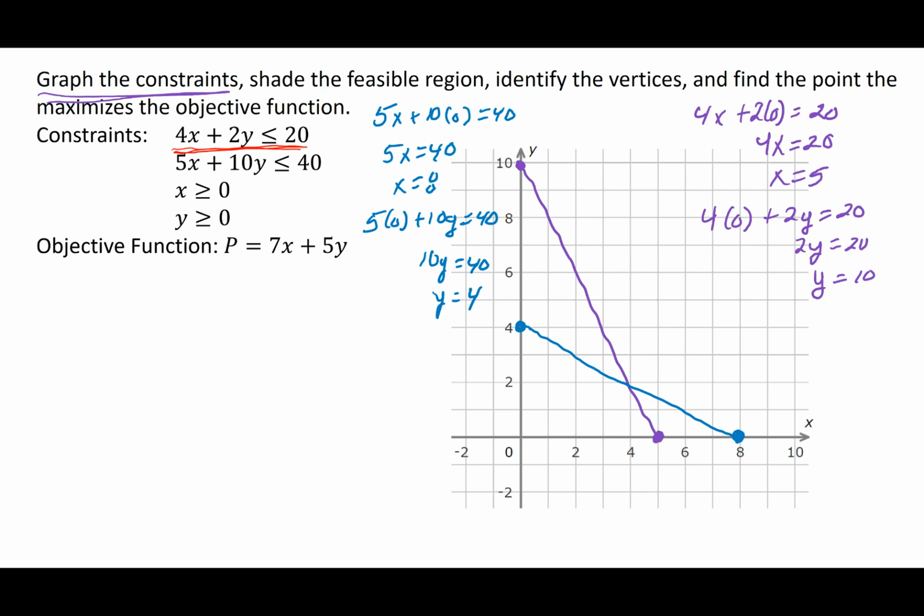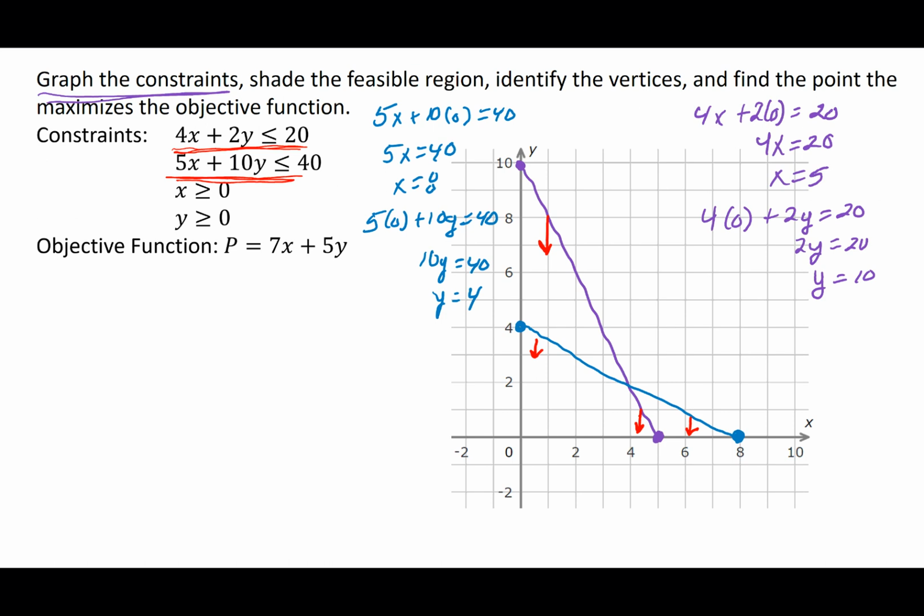So I'm going to shade below this line. Same thing with the second one, 5x plus 10y is less than or equal to 40. Y is less than. So I'm going to shade below this line and below this line. But I'm trying to create a feasible region where they overlap.